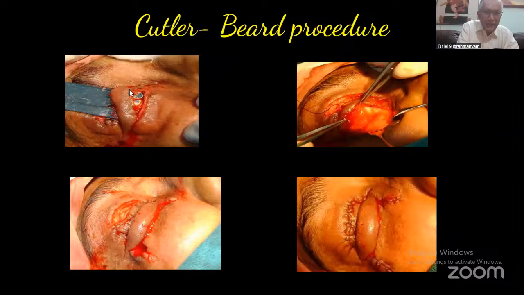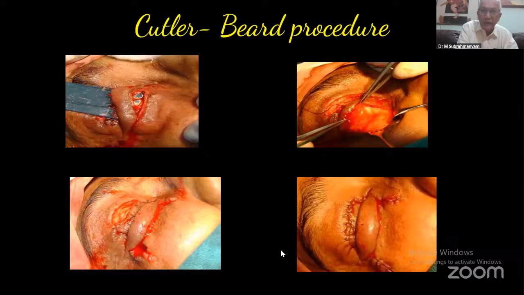Then we make a full thickness incision 4 millimeters from the lid margin. And then, since I have already the anterior lamella, from this inferior part, I will separate the anterior lamella, only dissect the anterior lamella, give vertical cuts, and mobilize the anterior lamella under the bucket handle, that's the lid margin, and bring them up and suture them.